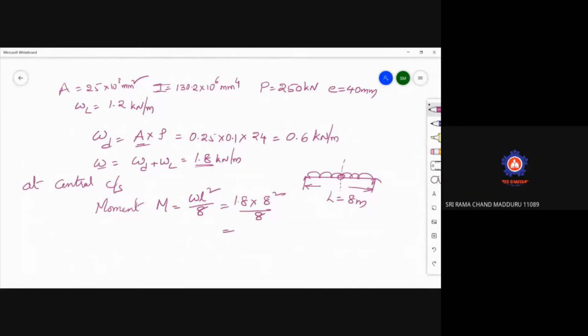So moment M is equal to 14.4 kilonewton meter.